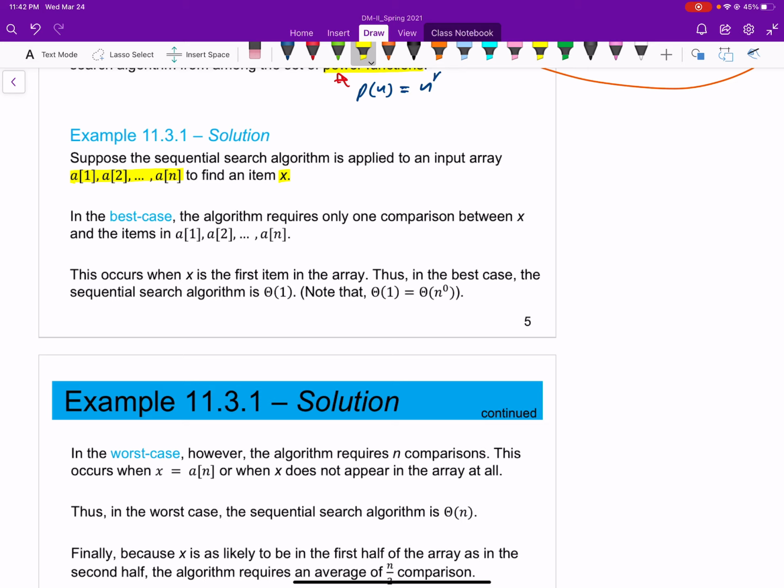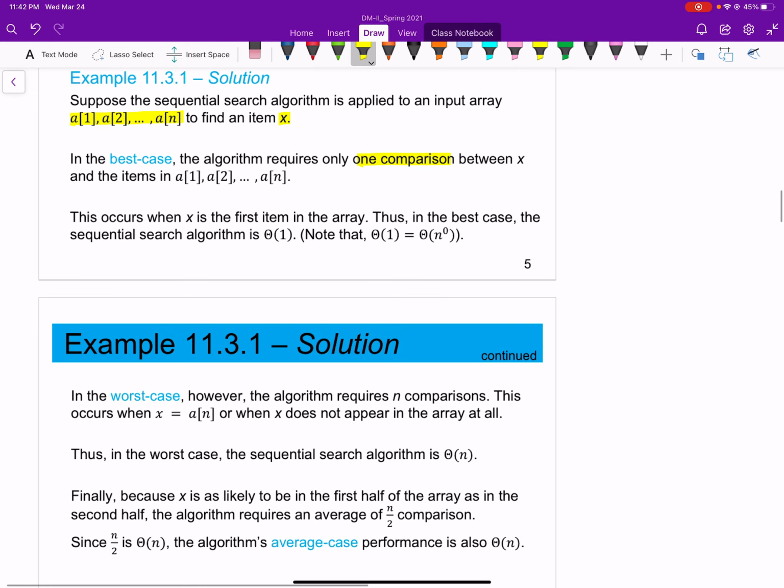It requires only one comparison. How does that happen? One comparison occurs when x is the first item.